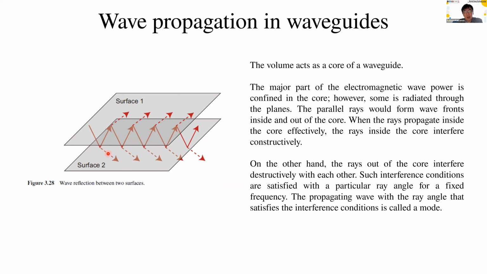If the angle is different from the particular condition, in that case, we may have a strong electromagnetic wave outside the core. In that case, we cannot have effective propagation in the waveguide.